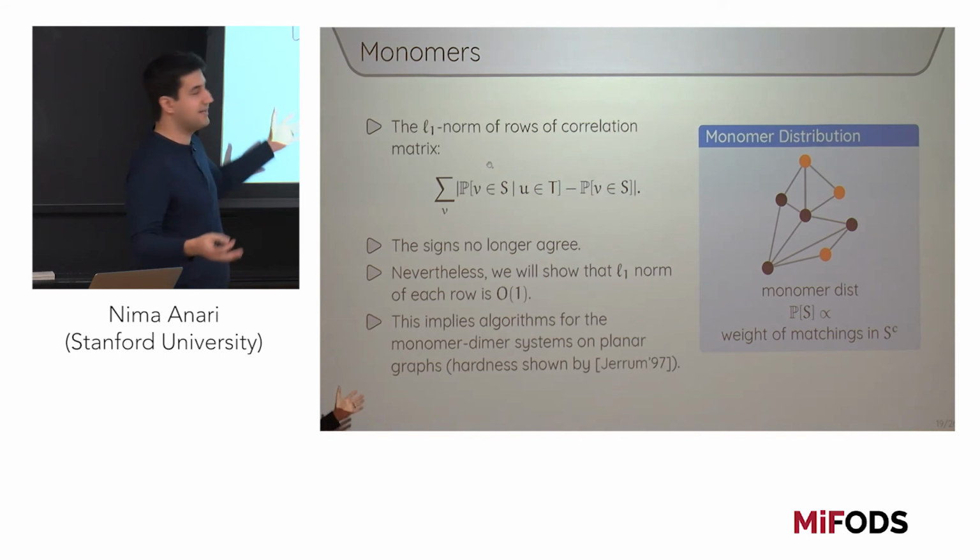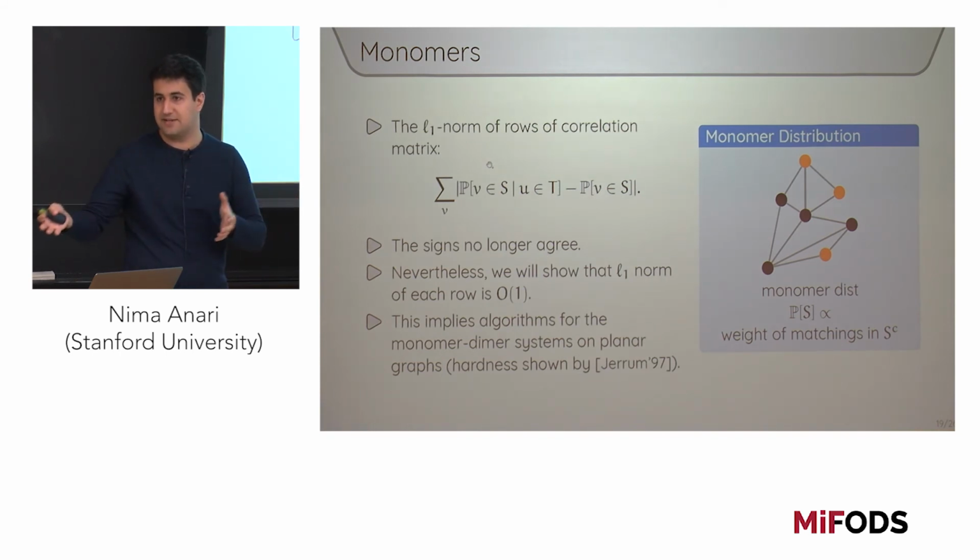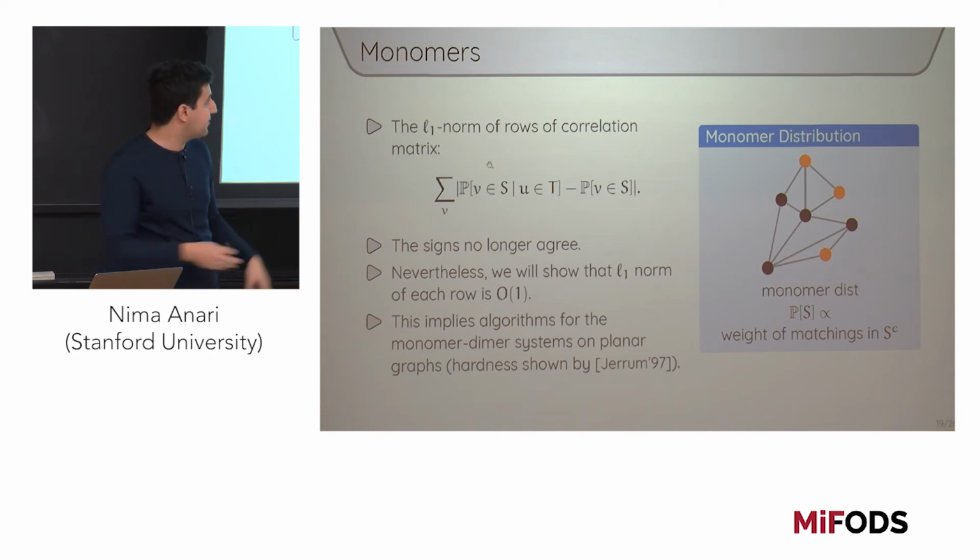But for planar graphs, for example, you can compute this weight exactly. And this gives you an algorithm to sample from the monomer-dimer systems in planar graphs. Okay? So even though computing or sampling perfect matchings in planar graphs is easy, sampling from this distribution, the monomer-dimer distribution, is hard. It was shown by Jerrum. So this is still a non-trivial result.